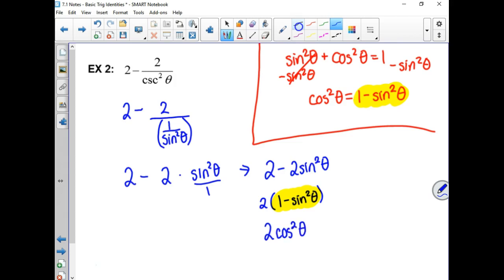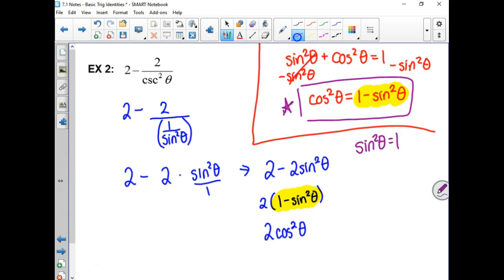Now, this is not a separate identity here, this cosine squared theta equals 1 minus sine squared theta, because it comes from the Pythagorean identity. But we need to watch out for this because we need to have it memorized like it is an identity. In a similar manner, we also need to know that maybe if we had subtracted cosine instead of sine, that in this case, sine squared theta equals 1 minus cosine squared theta.